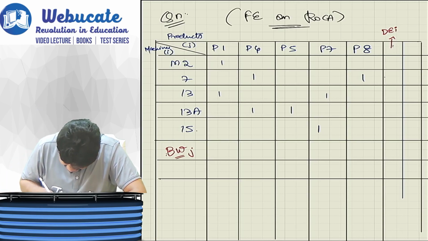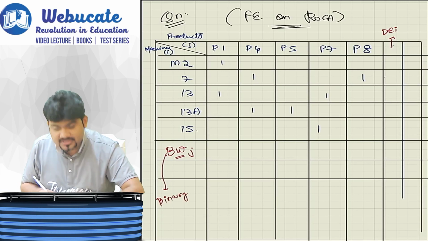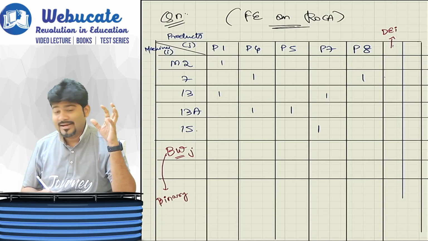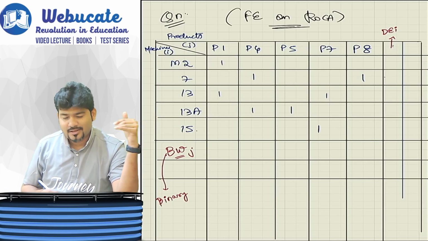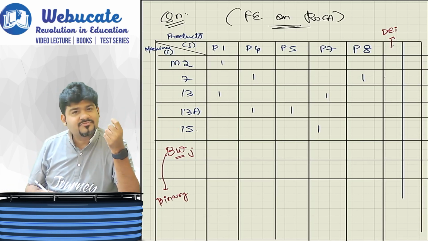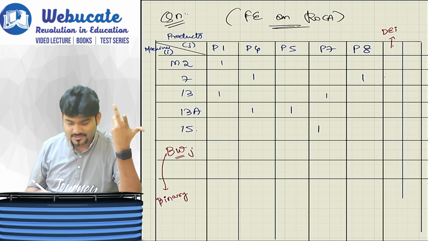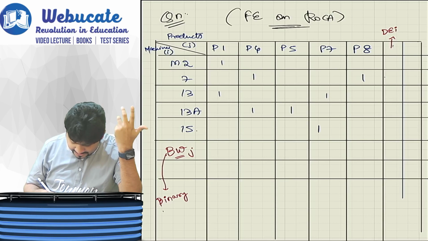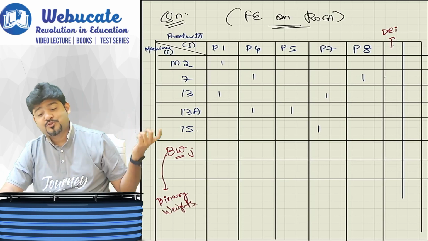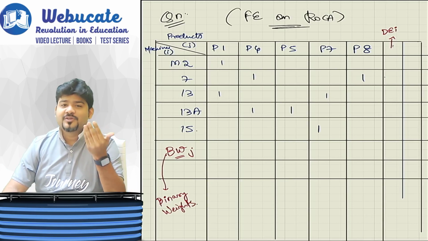And what is BWJ? BW is called binary weights. There is obviously a derivation for all of this, but getting into derivation will not make sense because this is just one sum, and the derivation itself will take 5 to 8 hours. For this you should also know OR, operations research, which you don't know because you were not there in the old syllabus.